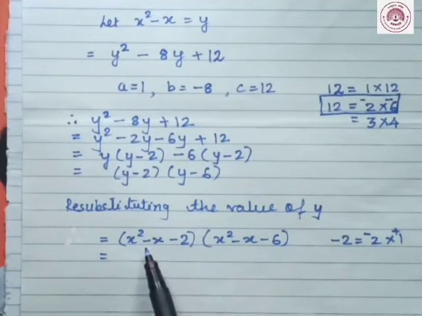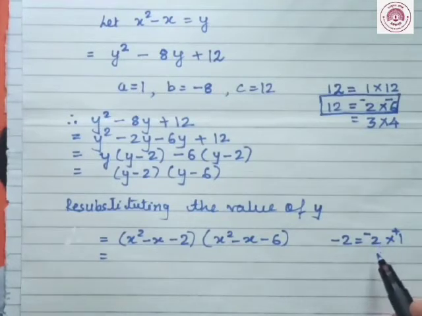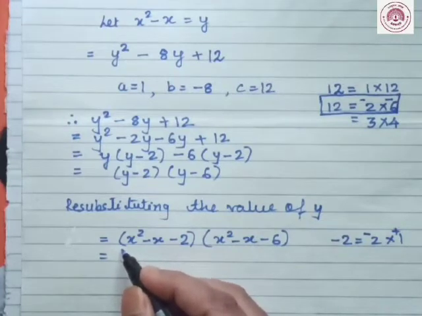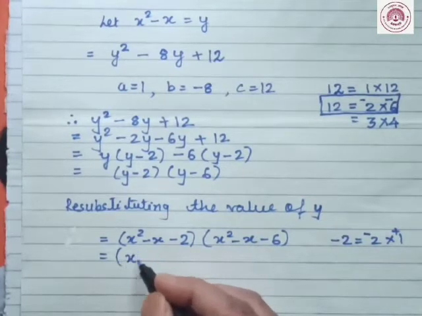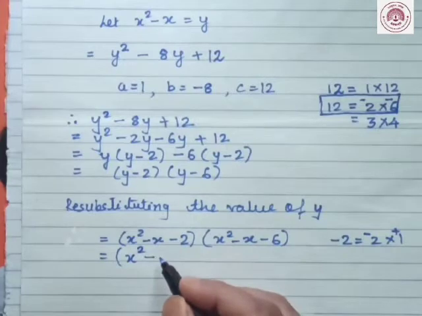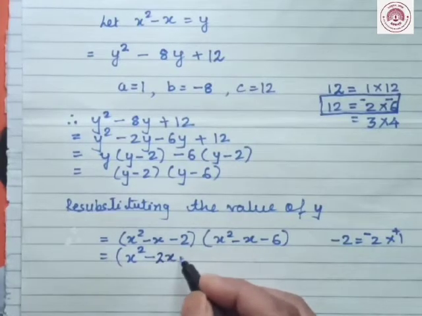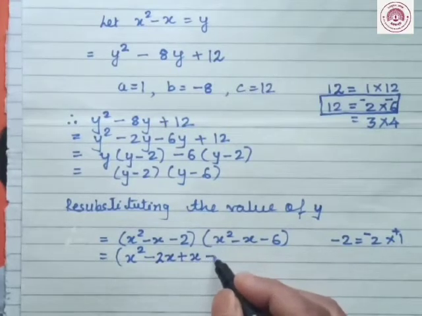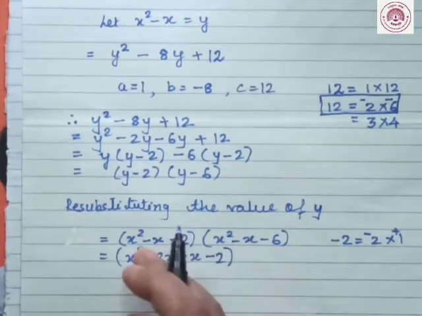In the middle we want −1, so the greater number will carry the negative sign and the smaller number will carry the positive sign. Now let's factorize it. x² as it is, we will split −x as −2x + x, and −2 as it is. So the first one is done.